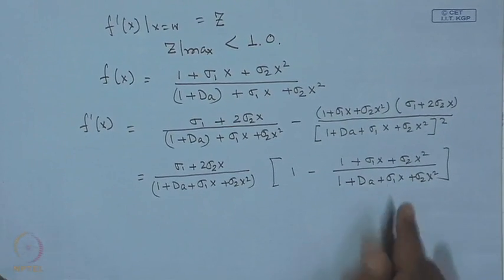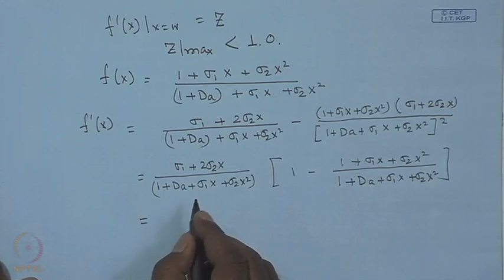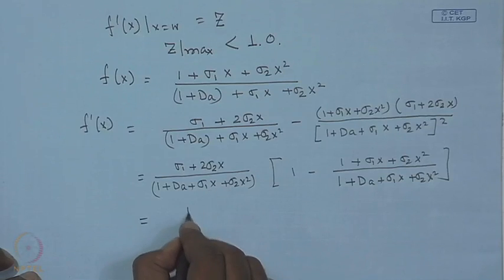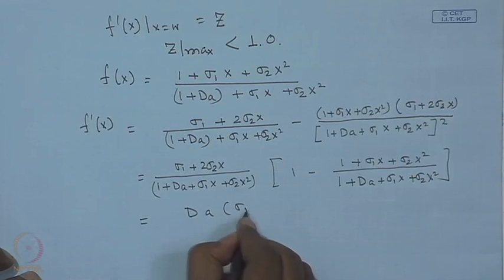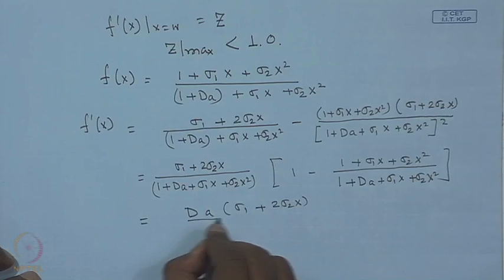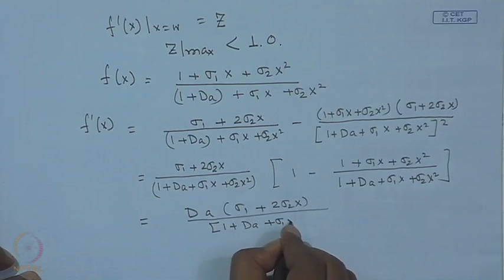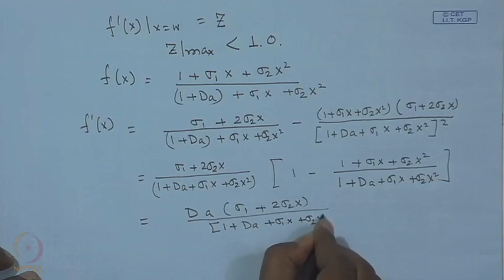So, therefore, once you simplify, in the numerator only dA will be remaining, all the 3 quantities will vanish. So, it will be nothing but dA times sigma 1 plus 2 sigma 2 x divided by 1 plus dA plus sigma 1 x plus sigma 2 x square, squared.